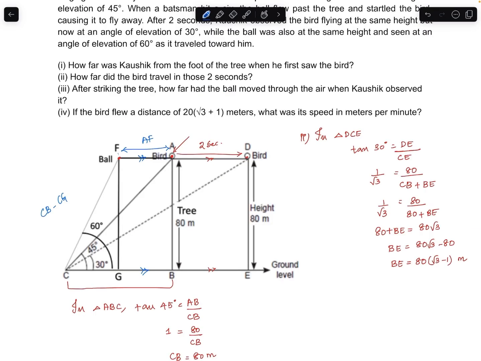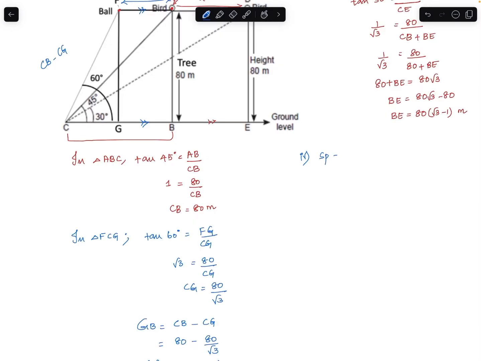Question number 4. If the bird flew a distance of 20 root 3 plus 1 meters, what was its speed in meters per minute? Speed is equal to distance upon time. Now the distance traveled is 20 root 3 plus 1 meters. Time taken is 2 seconds. So our answer is in meter per second.